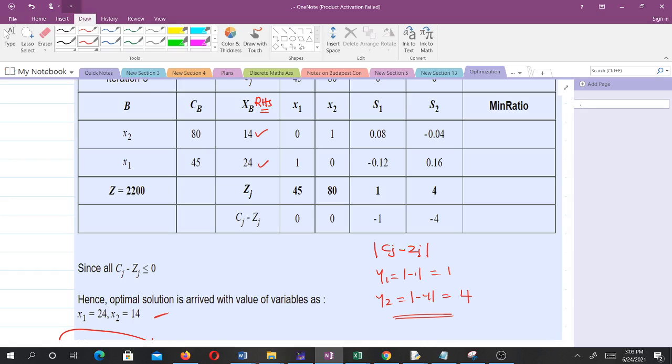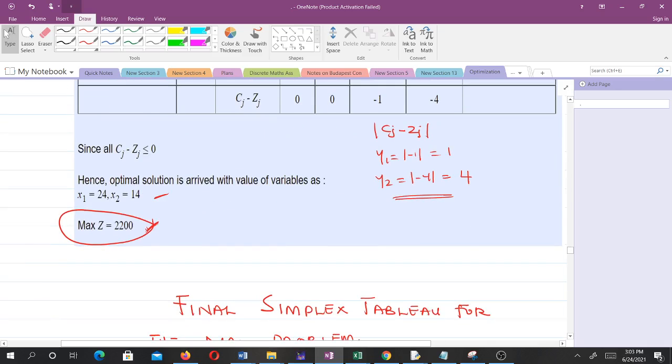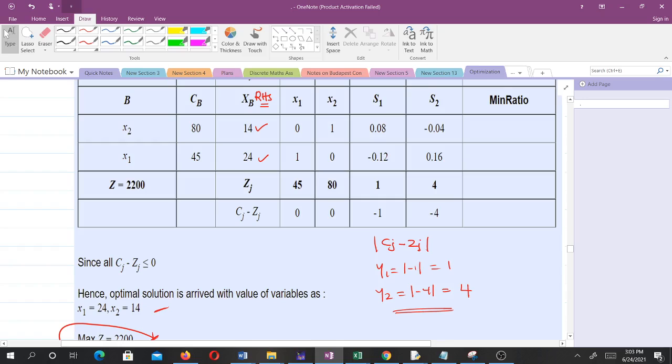So that means that when you have a primal problem and you're asked to find the marginal profit or the solution to the dual problem, you come to the cj minus zj rule, and you look for the values for the slack variables under this, and you find the magnitude of them.